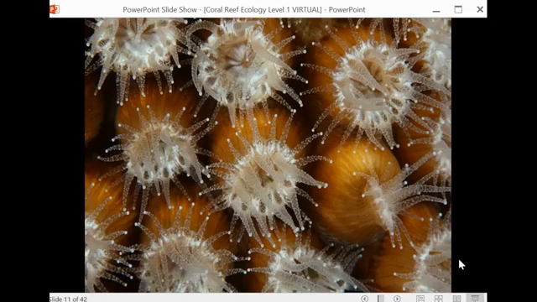But here's the deal. The zooxanthellae, they like living in the coral belly. And that's because it's a nice, safe place for these algae to live. Remember, corals have stinging cells. That means that there's not a lot of animals or predators that want to eat our coral polyps. They have to have specialized feeding systems in order to feed on corals with these stinging cells.